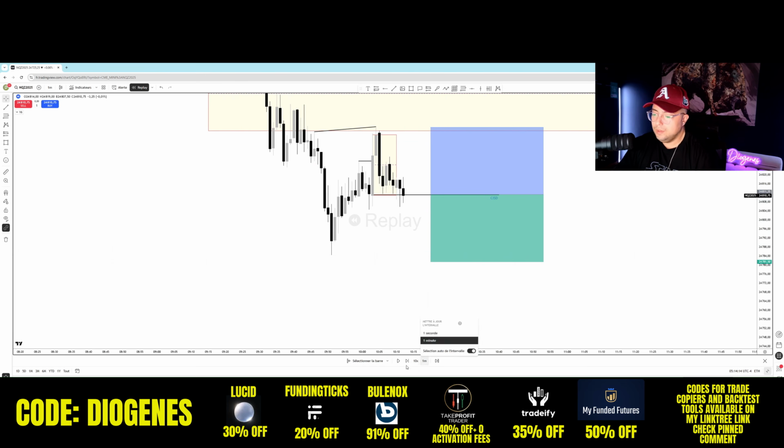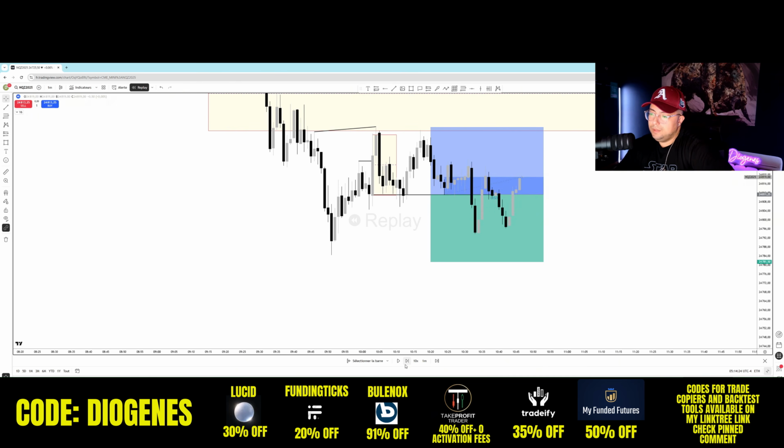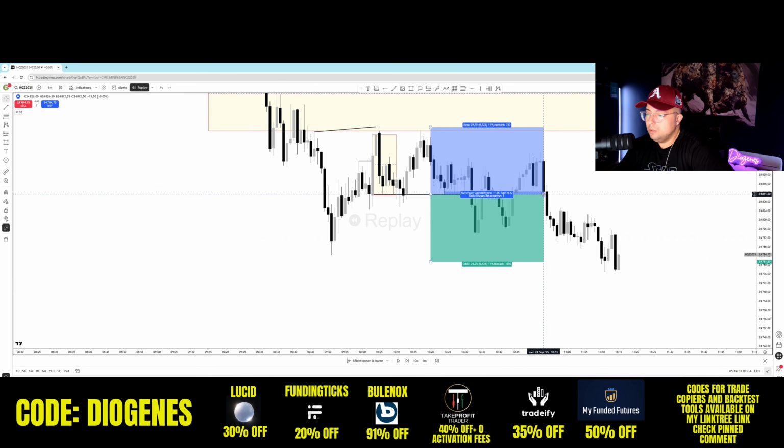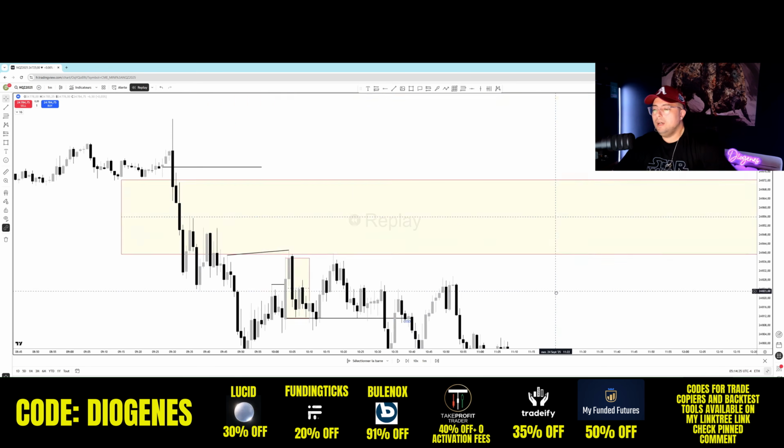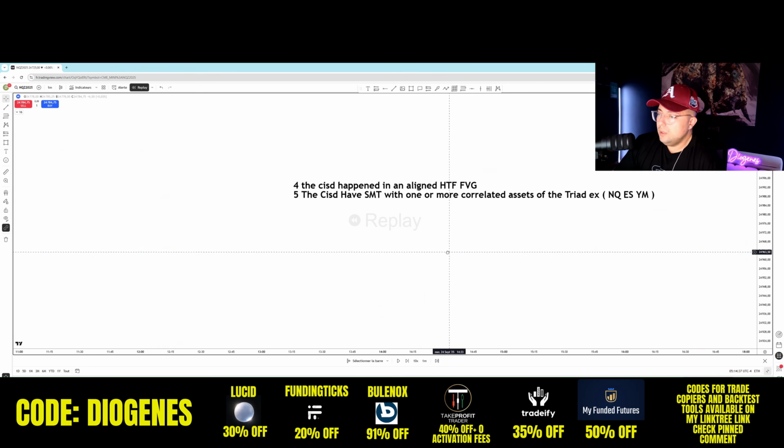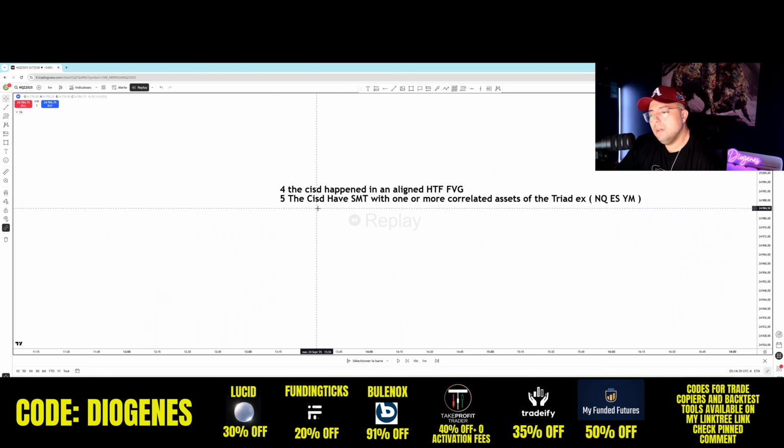Okay, so price came here, teased you, and then they ranged a little bit because price action is horrible as of late, and then they give you your 1-to-1. Okay, now number 5, the CSD has SMT with one or more correlated assets of the trade.